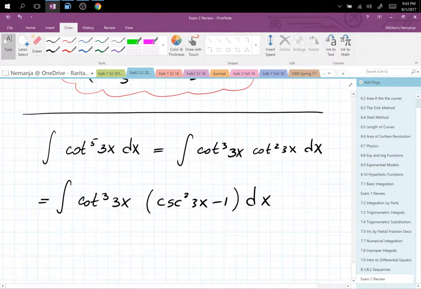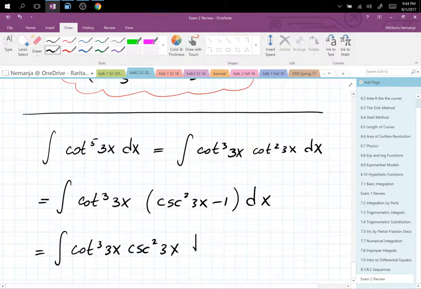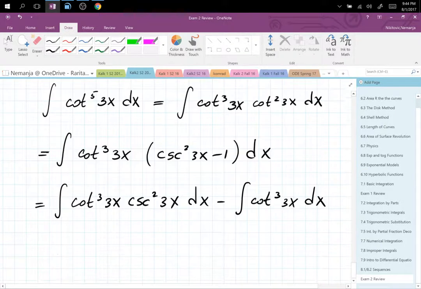So now when you distribute, you get the integral of cotangent 3x cosecant squared 3x dx minus the integral of cotangent cubed 3x dx.